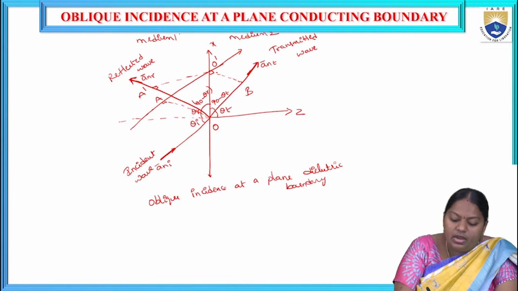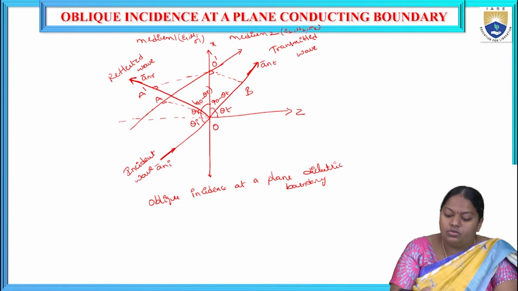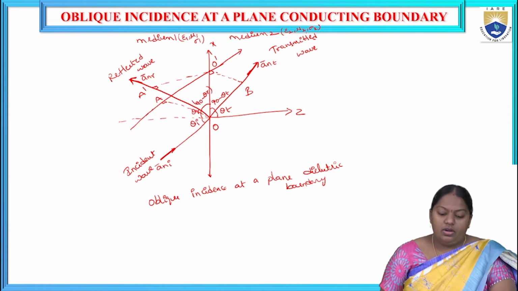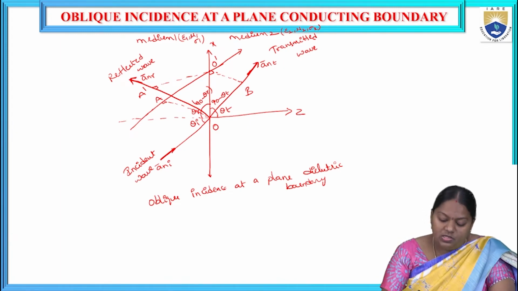In medium 1 the characteristics are epsilon1, mu1, sigma1, and for medium 2, epsilon2, mu2, sigma2. In order to analyze this, we have considered oblique incidence at a plane dielectric boundary, where the boundary exists at z equal to 0.